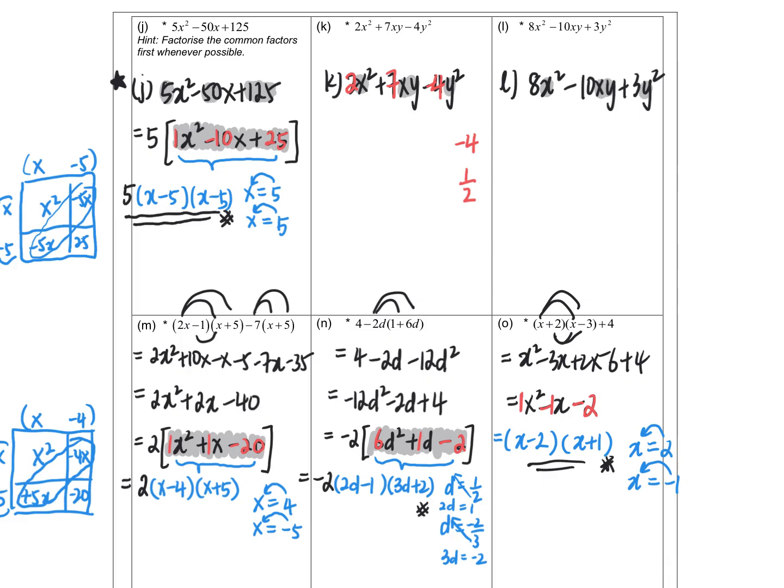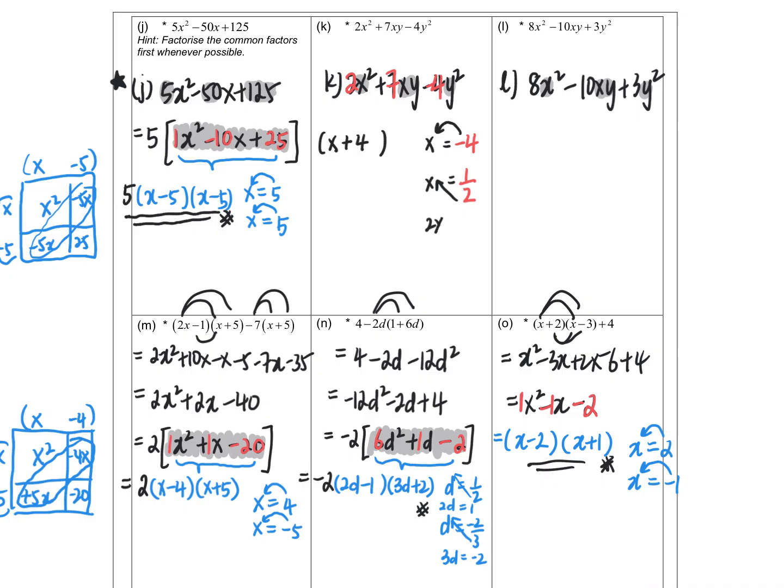How should I explain this one? Okay, when we cross back, you know that one of them must be x plus 4. Correct?